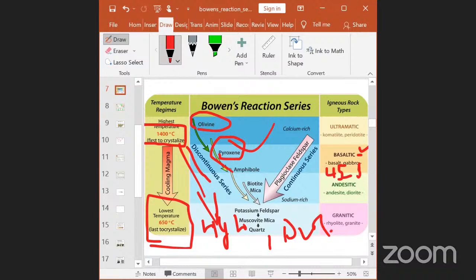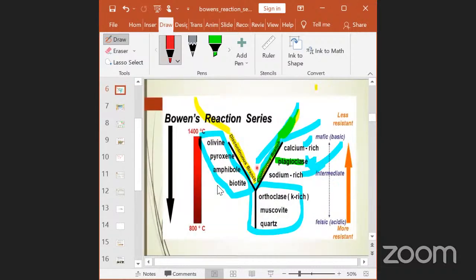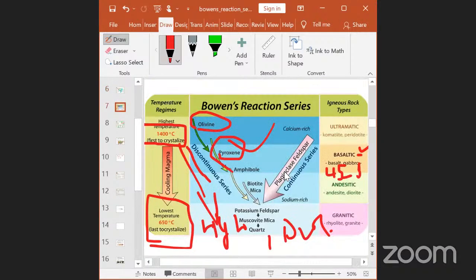Let's see what pyroxene is. It contains silica higher than olivine, because gradually the melt becomes rich in silica.